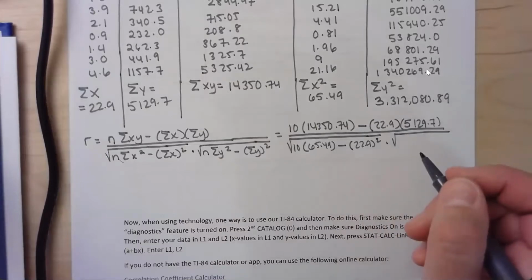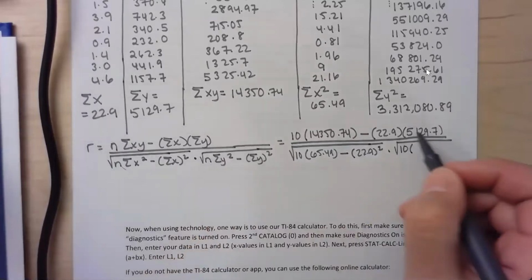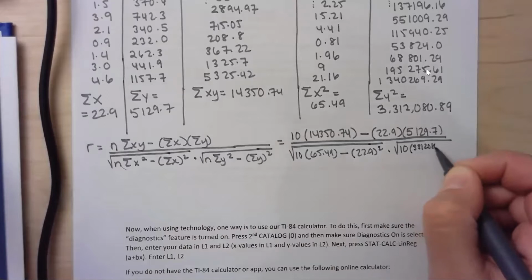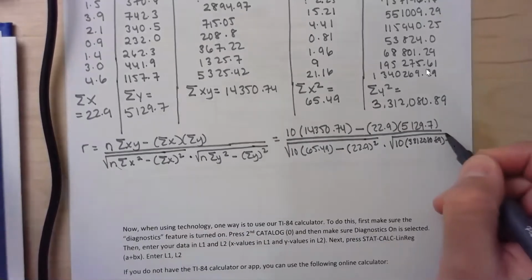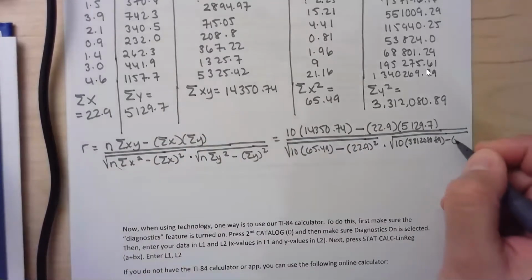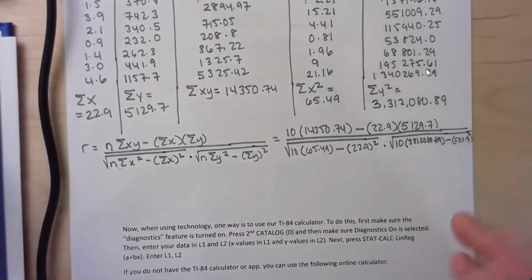And then finally, again, I have 10 times the sum of the y squareds. So I could try to squeeze in this really large number here. Okay, minus the sum of the y's, 5,129.7, running out of room, and then that value is squared.